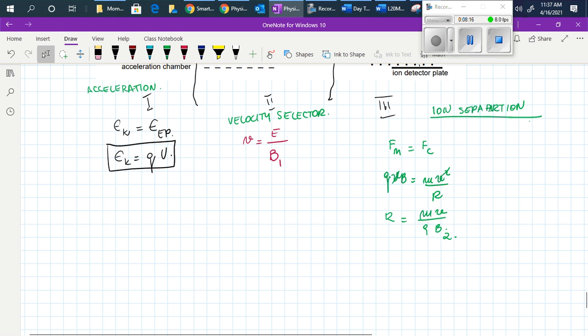We will do an example of different isotopes and find the radius of each of them. This is a very long example, so I will copy and paste it here, and then we can work with it.